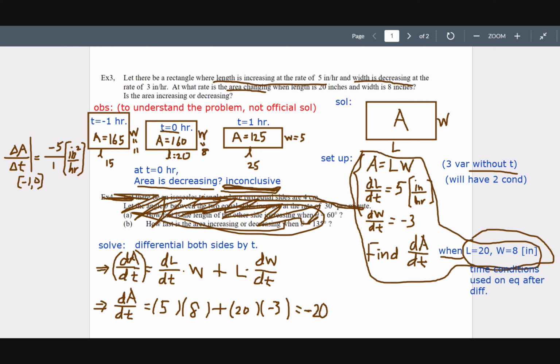Any questions on this? Now, this setup right here, this is what I call the standard setup. This standard setup is the setup you will see in most calculus textbooks, and most calculus textbooks just teach you this way.